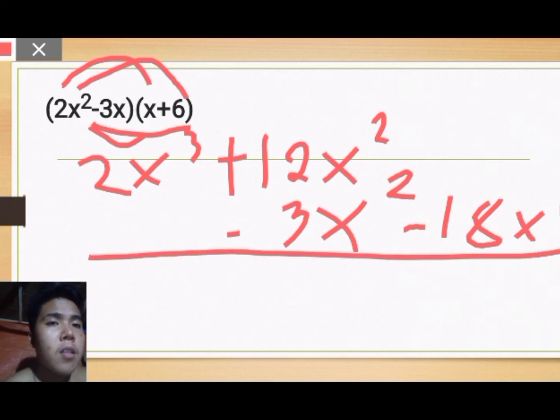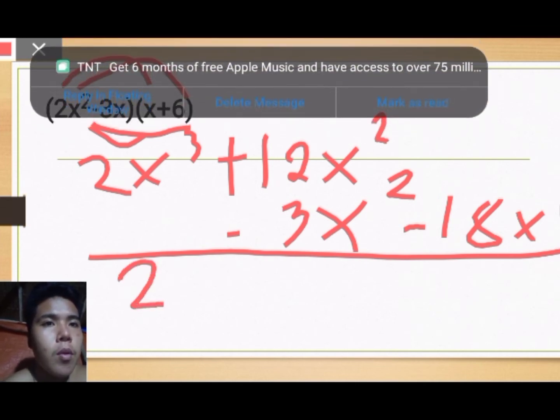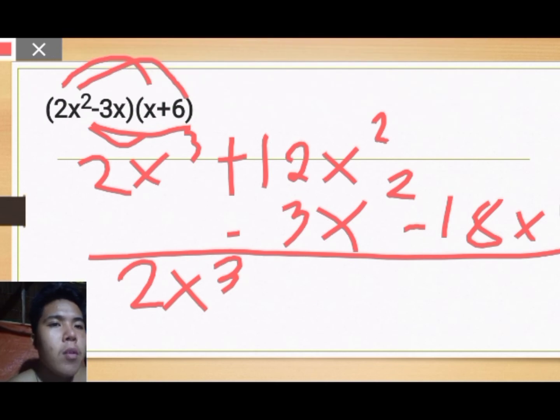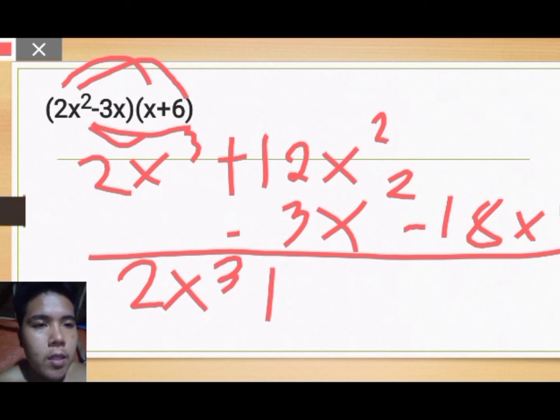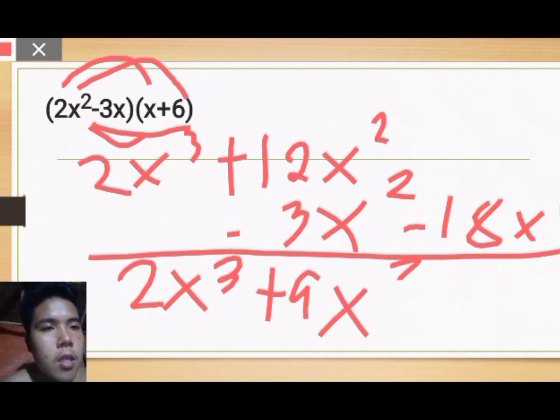So combine similar terms, so we have 2x cubed, and then in this situation, 12x squared minus 3x squared. Automatically you're going to subtract, and then follow the sign of the biggest value. We have a positive 12, which has a bigger value compared to negative 3, so we have the sign of positive 12 minus 3, so we have 9x squared.